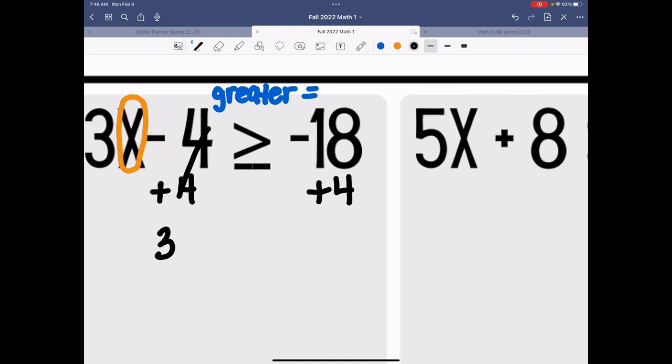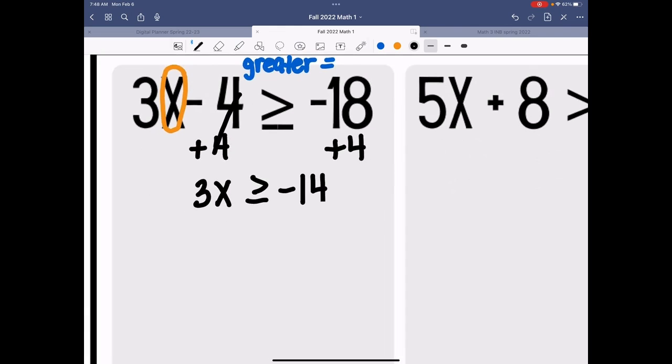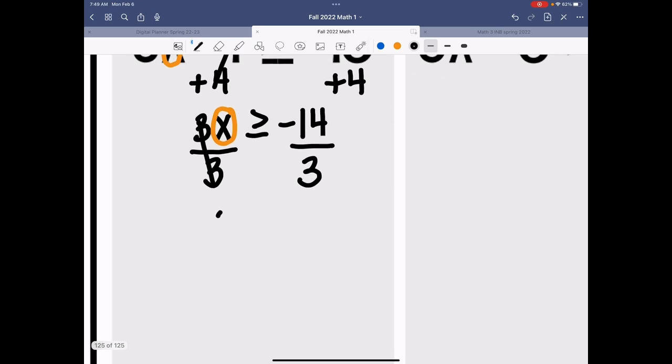So that gives me 3x is greater than or equal to negative 14. All right, and I'm then going to divide by positive 3. Now 3 is positive, so we do not have to flip the sign here. So x is greater than or equal to negative 14 over 3, since it's not going to divide out evenly.